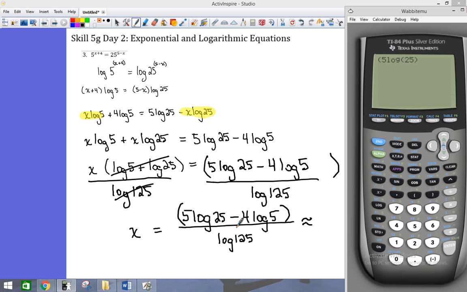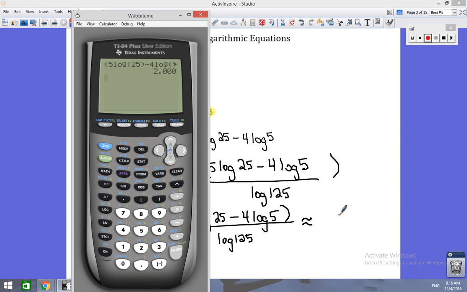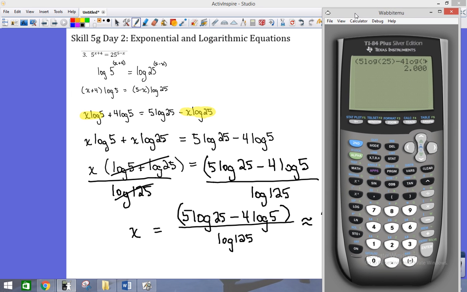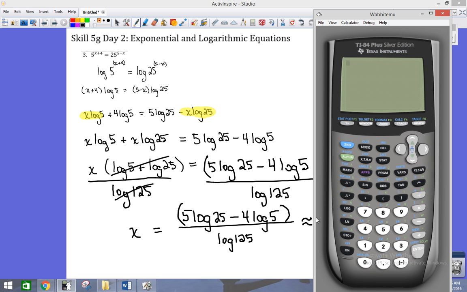I have to close that, and then minus 4 times the log of 5, and divided by the log of 125. Alright, so I'm getting 2.000.